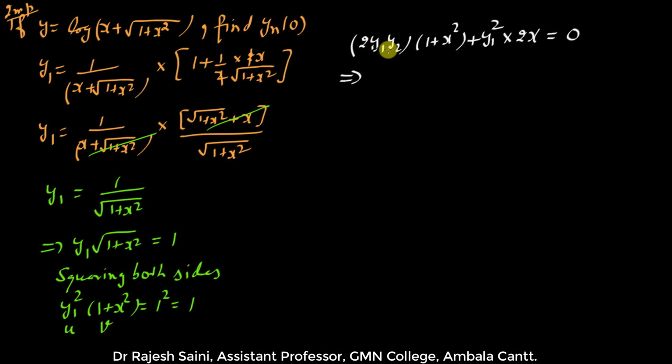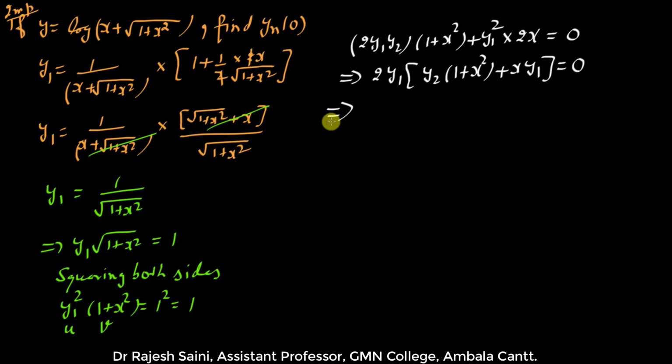This implies that 2y1, take it common, 2y1 into y2 into 1 plus x square plus x y1 equal to 0, but 2 cannot be 0, y1 cannot be 0.